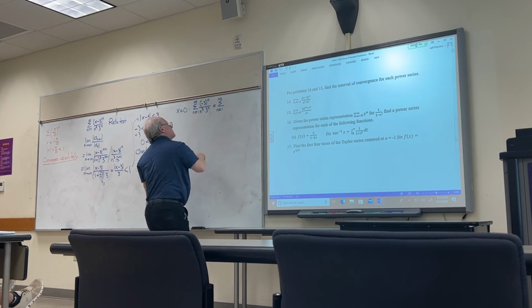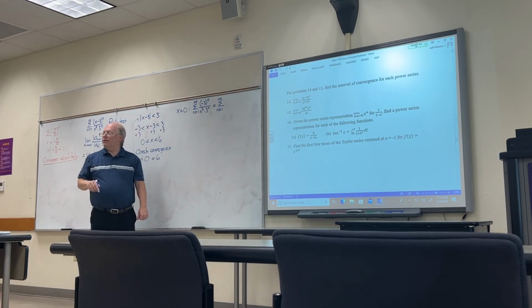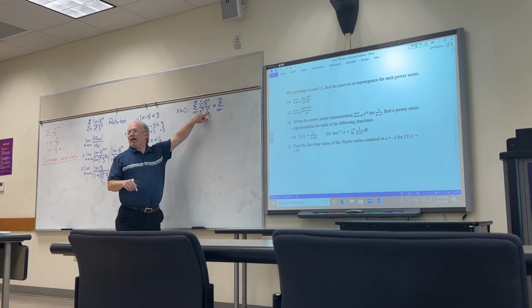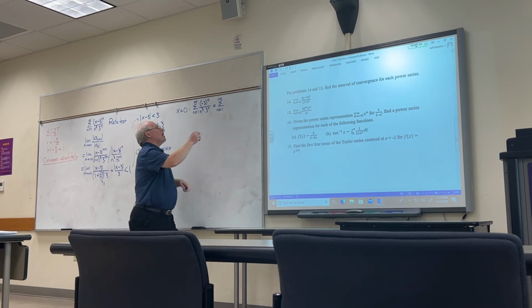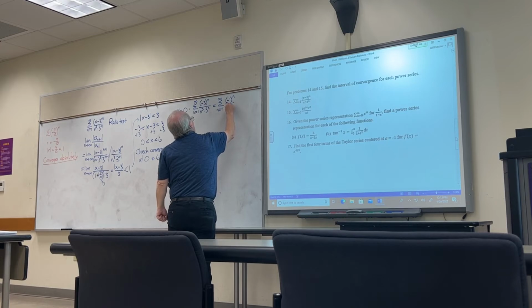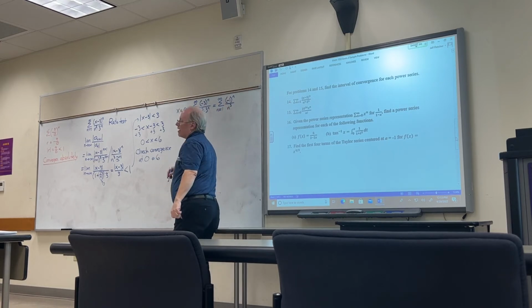What do we get if we take negative 3 to the n divided by 3 to the n? You get negative 1 to the n over n cubed, which is an alternating series.